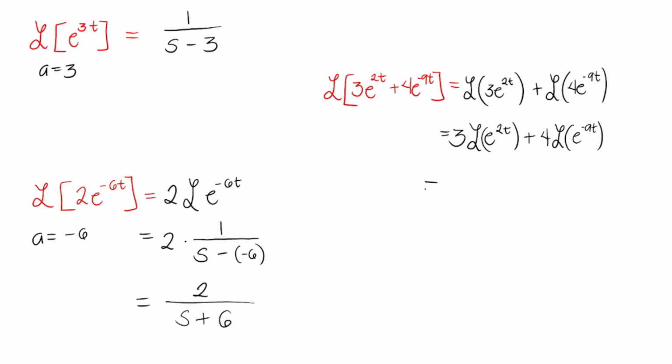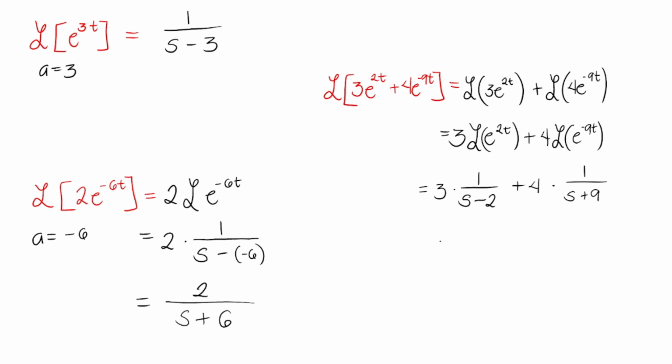So, we will have 3 times 1 over s minus a, in which a is equal to 2, plus 4 times 1 over s minus a, in which a is equal to negative 9. Magiging positive na to. Kasi s minus negative 9 magiging positive 9.